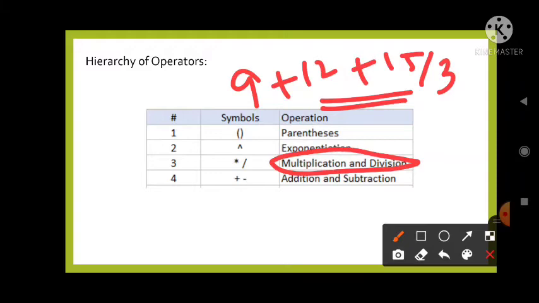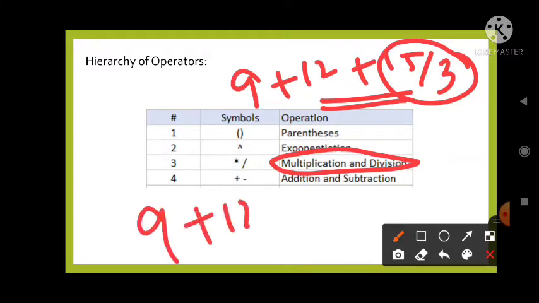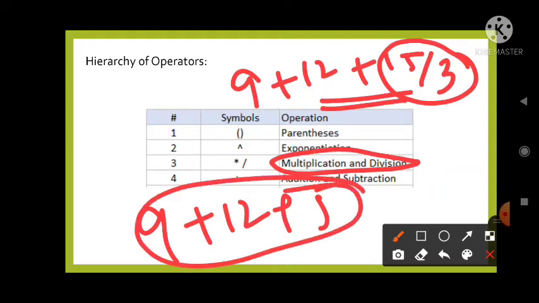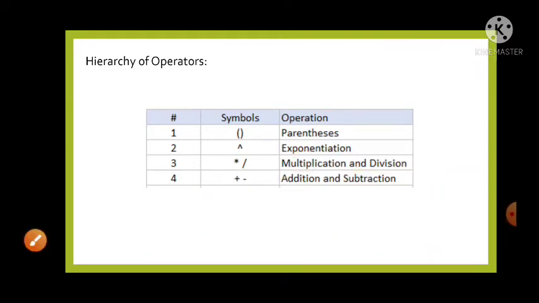So in this formula, division will be executed first, so we will get 9 plus 12 plus 5, then we have to add all these numbers. Okay, got it? Like that. Okay, so always we have to use the rules.